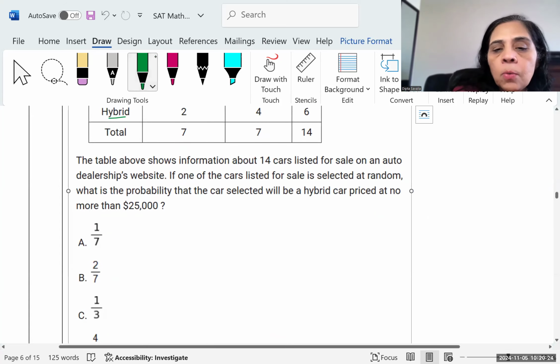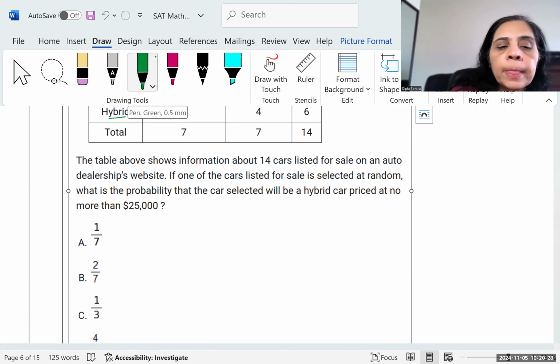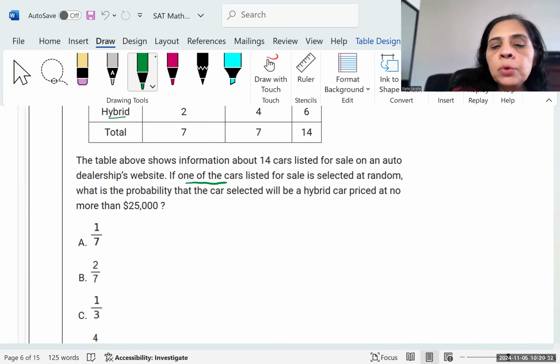All right, 14 cars listed for sale on an auto dealership's website. If one of the cars listed for sale is selected at random, so that means we are dividing by total. What is the probability that the car selected will be a hybrid car priced at no more than 25,000?